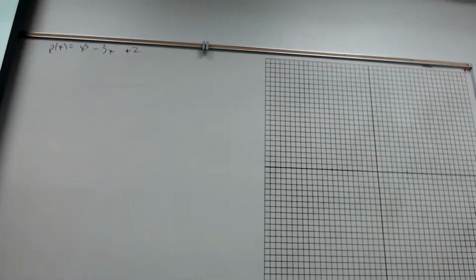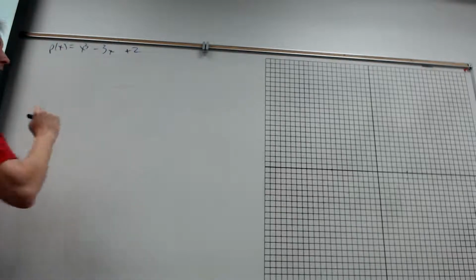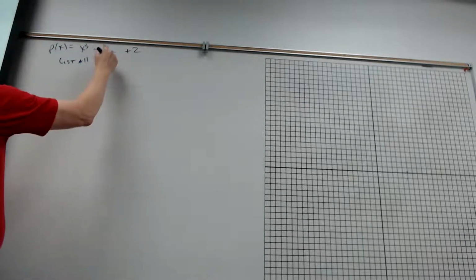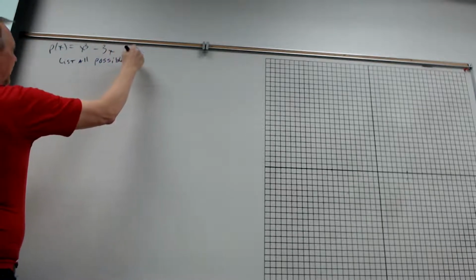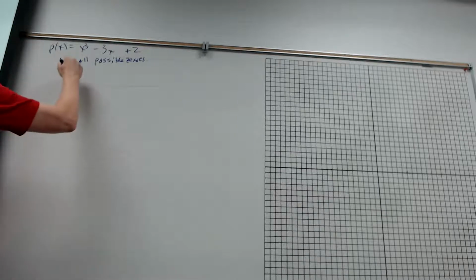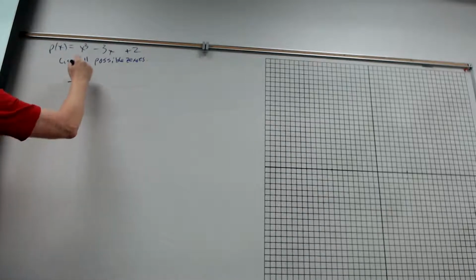All right, we are going to factor this. In fact, you will have some homework question that will say list all possible zeros. And when it asks you that, it's relying on the rational zeros theorem. Okay? So let's list all my P's and my Q's.